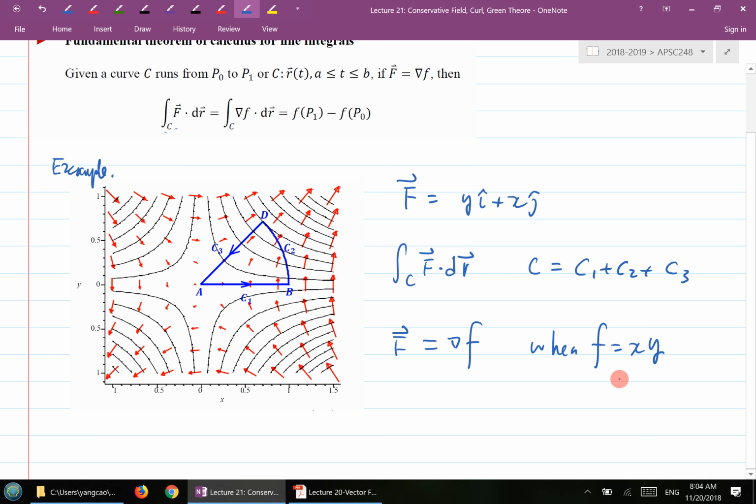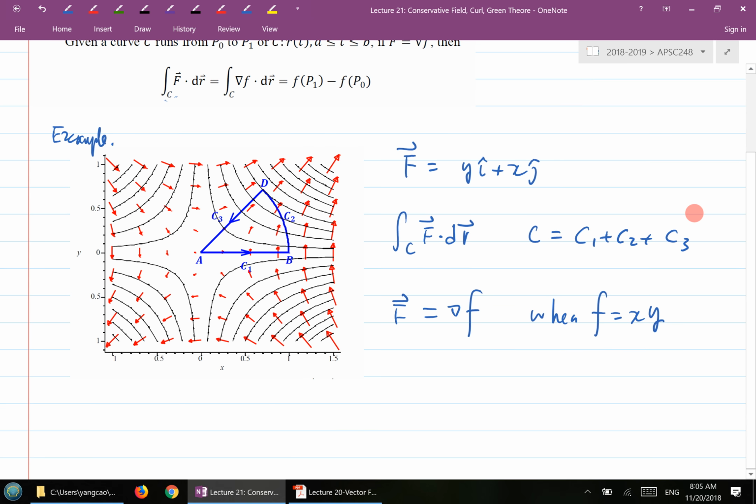But for now, you could just say, okay, this vector field comes from the gradient operation of this scalar function xy. And if this is the case, then we can assert that this is a conservative field. If it is a conservative field, then we can use the fundamental theorem of calculus for line integral.